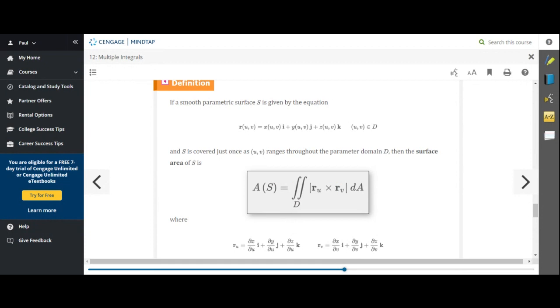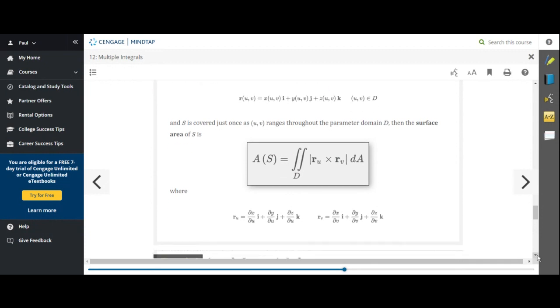And of course, for the surface, you have to identify what your vectors are going to be, your r and your v. Are there any questions on that?